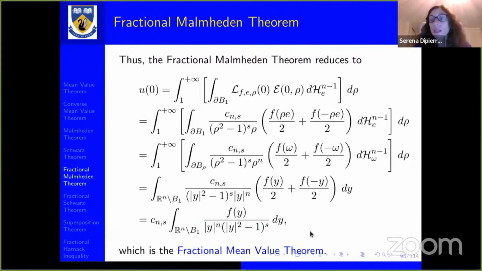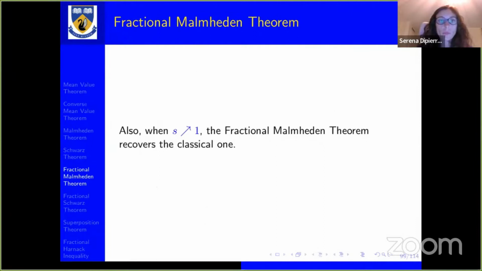So this formula is good enough that when you compute it at the center of the ball, you recover the fractional mean value theorem. This is a first sanity check that the theorem is reasonable.